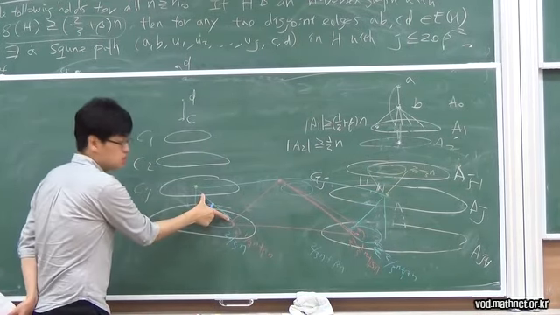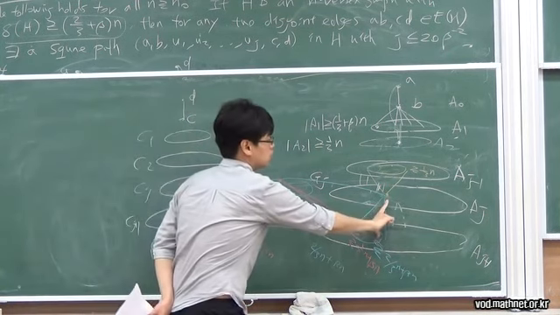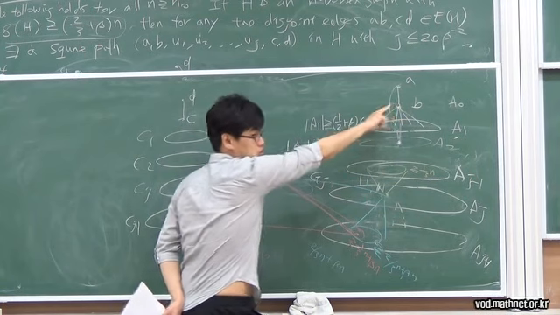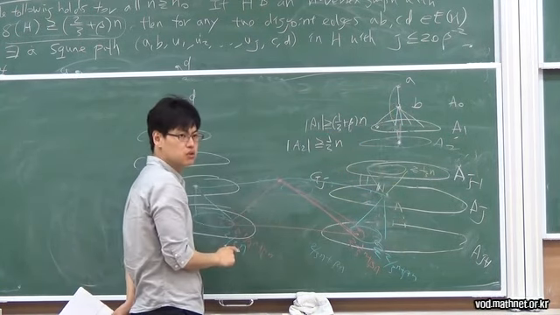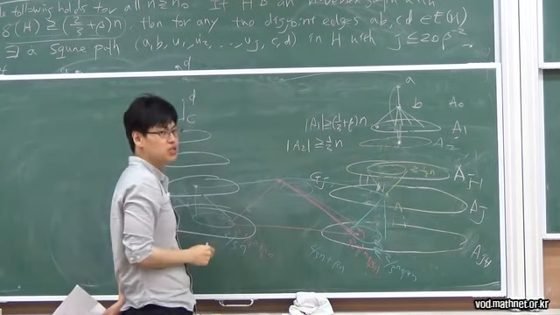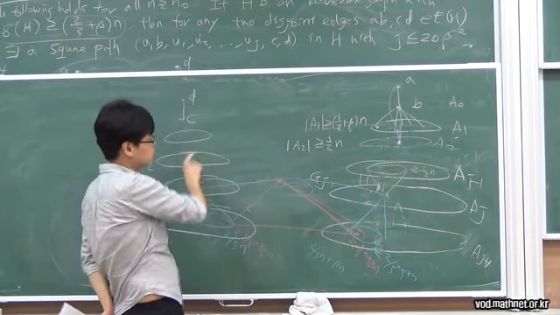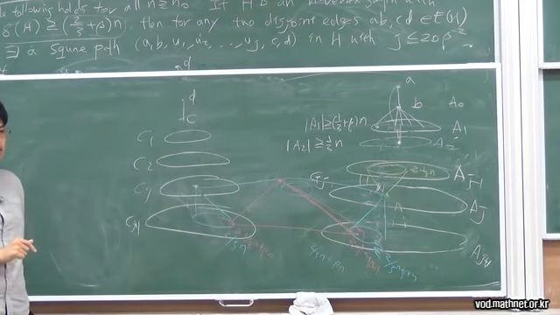And then from here, we can keep climbing up, and from here, we can keep climbing up. While climbing up, we avoid using these vertices. And when we choose these vertices, we make sure that they are all disjoint from A, B, C, D. Then we can complete this task.